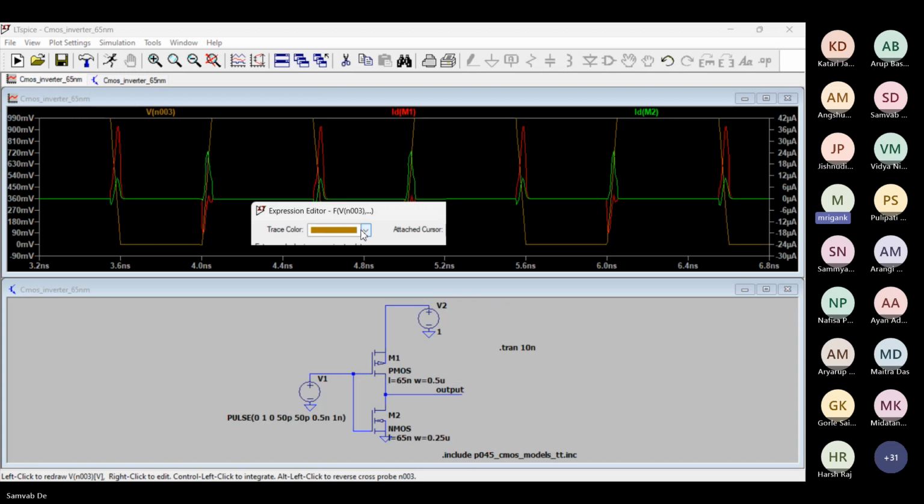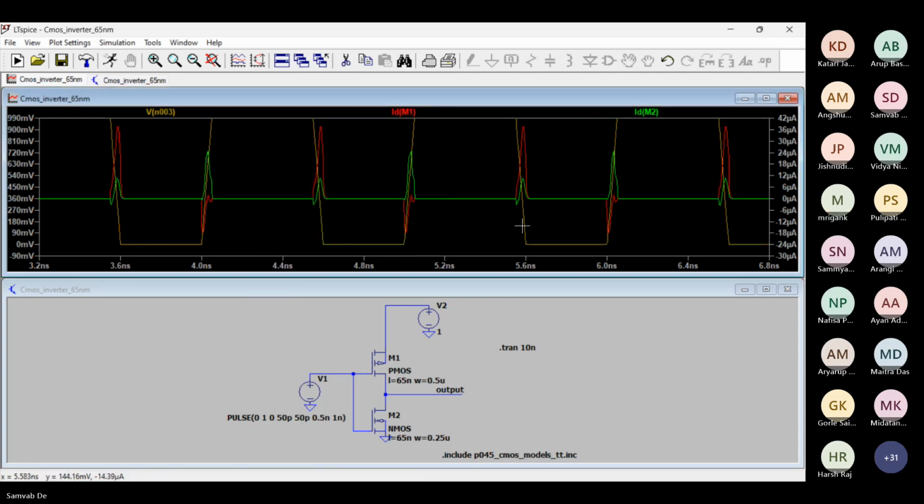So here we can see the input waveform is plotted and the NMOS and PMOS currents are also plotted. The green one is the NMOS current and the red one is the PMOS current. That's what we discussed towards the end in the last lecture.